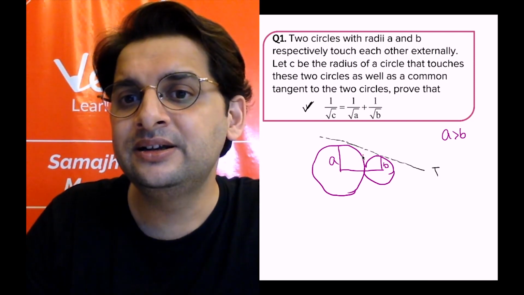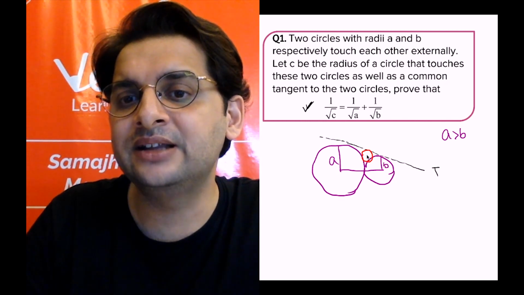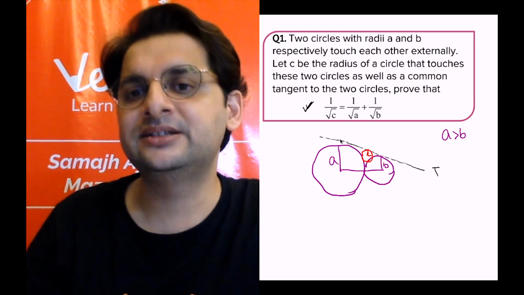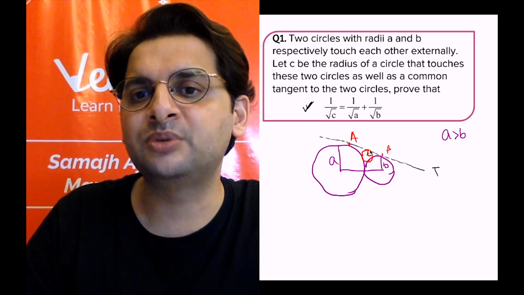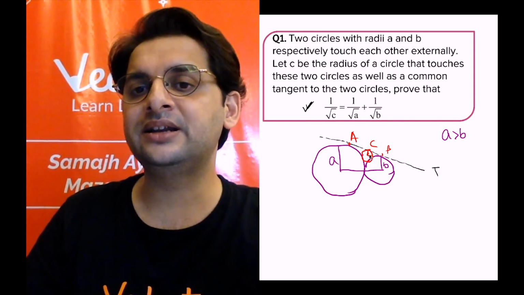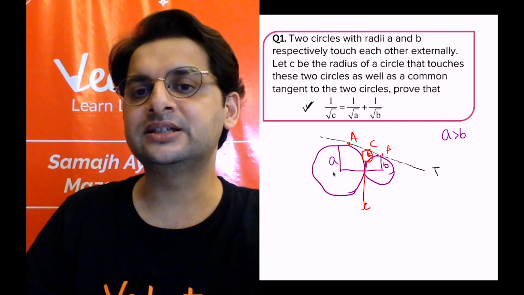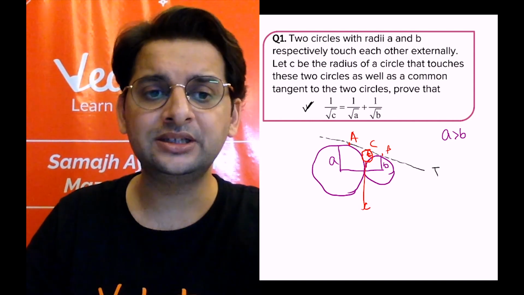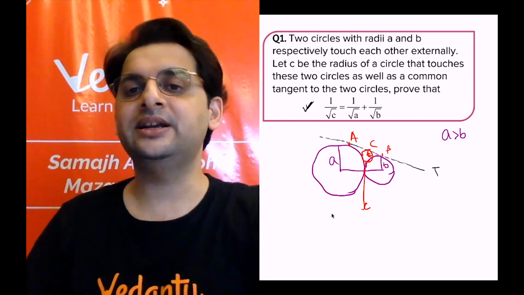Let this be the circle and the radius is C. Let's say this is point A, this is point B, and this is point C. So I need to establish a relation between the radii of the three circles. This radius is C, this is A, and this is B.